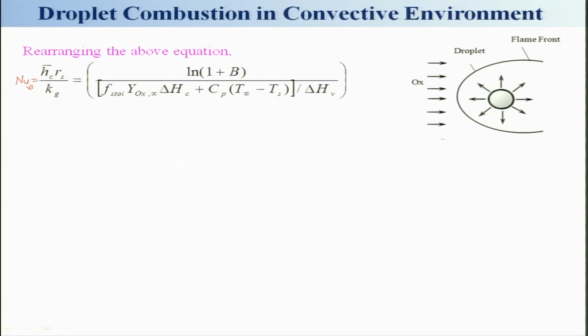And this term is basically B, and so therefore I can get Nu Rs is basically ln 1 plus B divided by B. B is the transfer number. For combustion we can write BC, for evaporation it will be different.